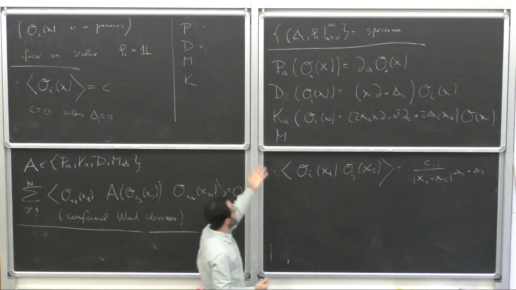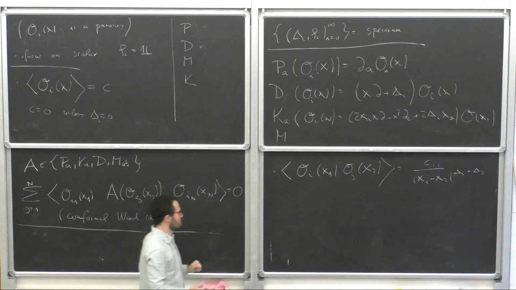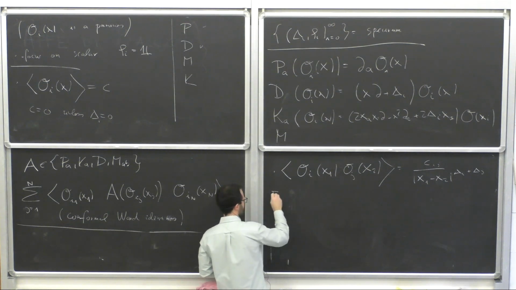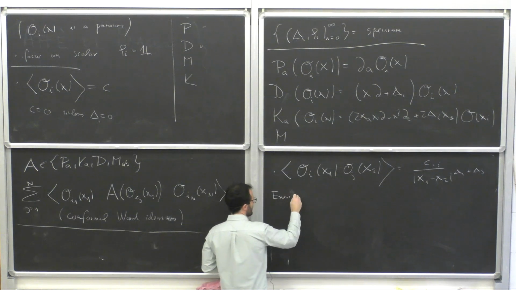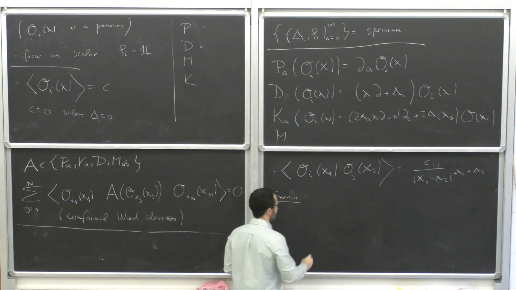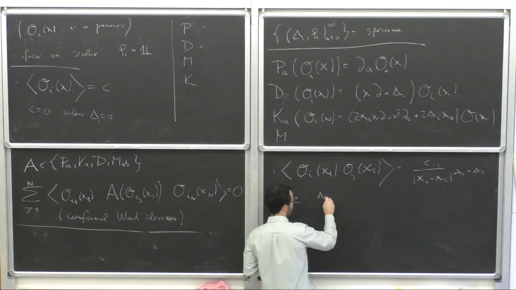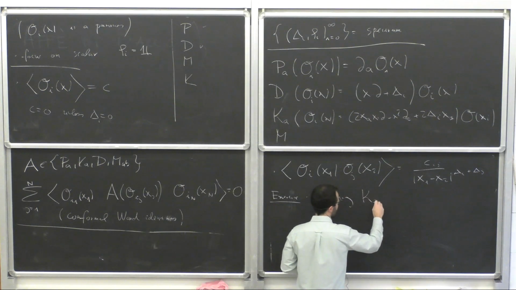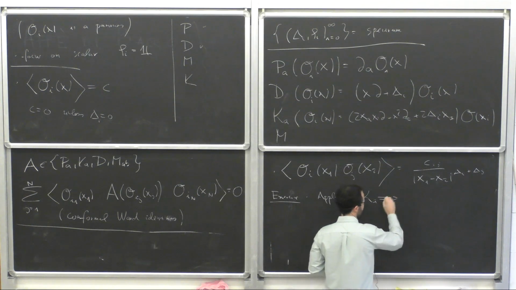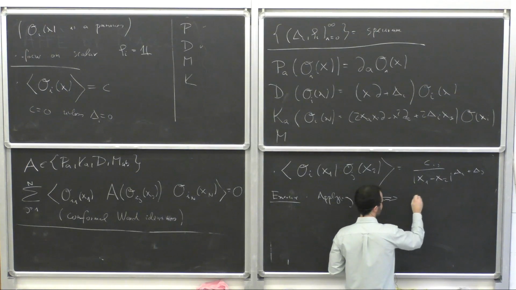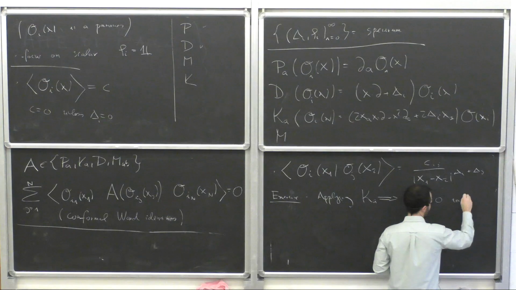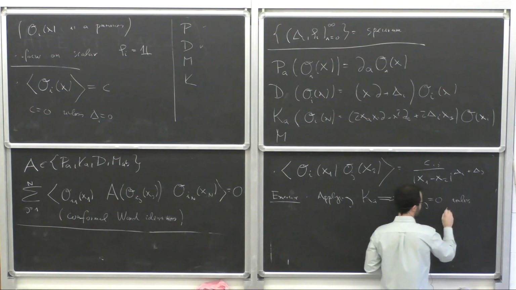But we haven't used K, so we haven't used a special conformal transformation, and it turns out, this is an exercise that everybody should do if you haven't done it, that applying K_a implies that C_ij is 0 unless delta_i is equal to delta_j.